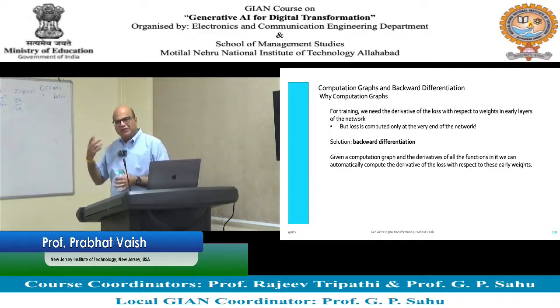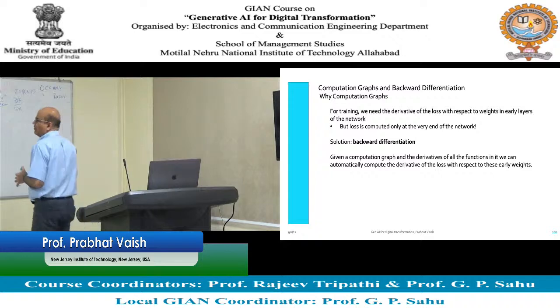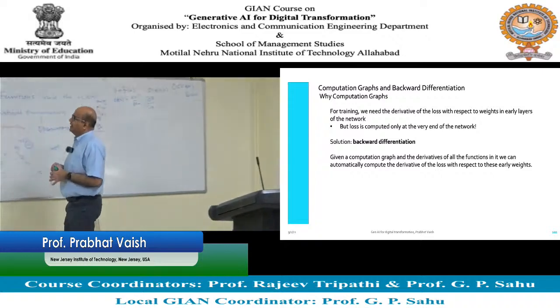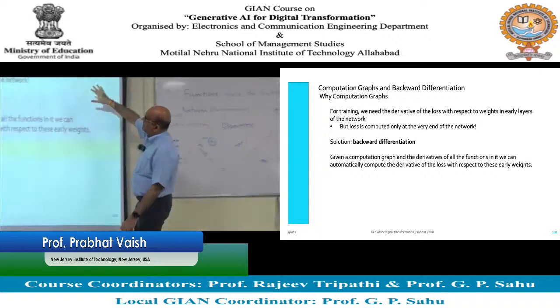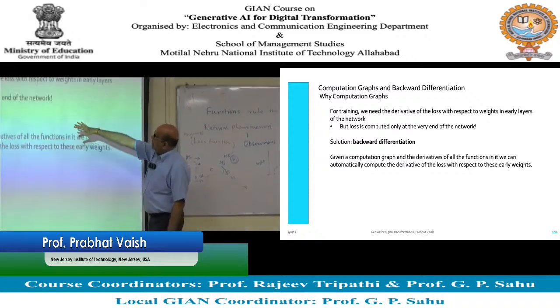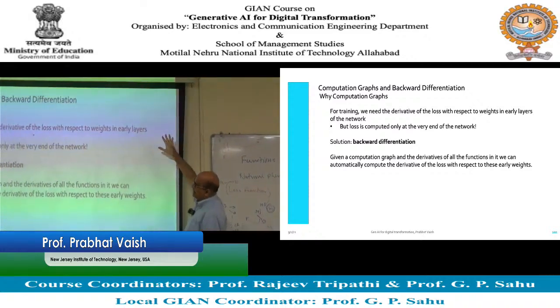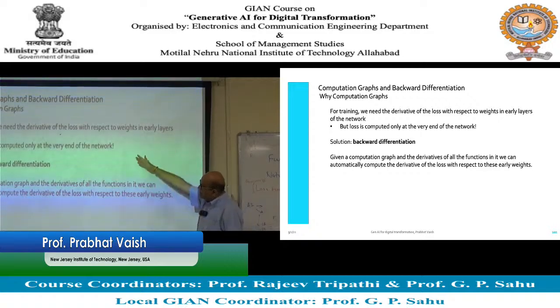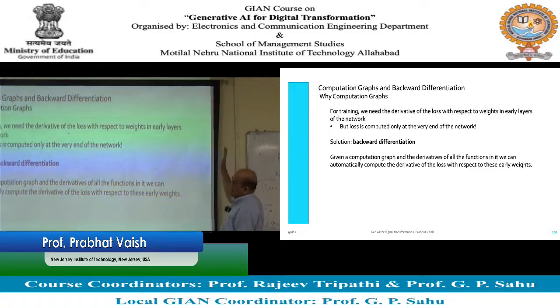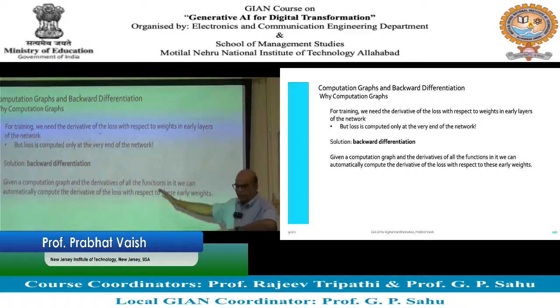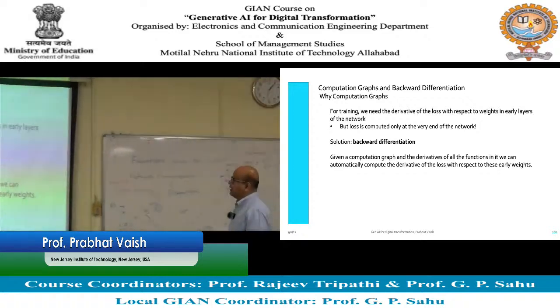I did give you a hint about this because it's all about performance. If you think about it, the derivative of the loss with respect to weights in the early layers, you could compute it at the very end and apply it in a single shot all the time. This is exactly what we are doing.